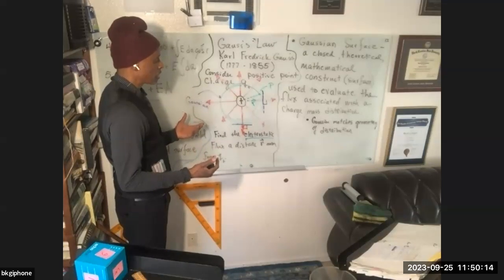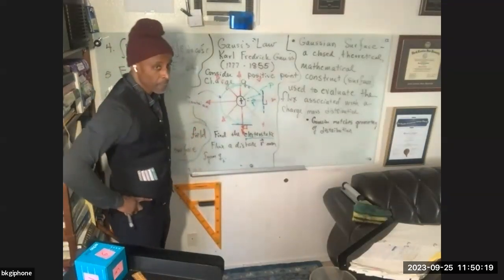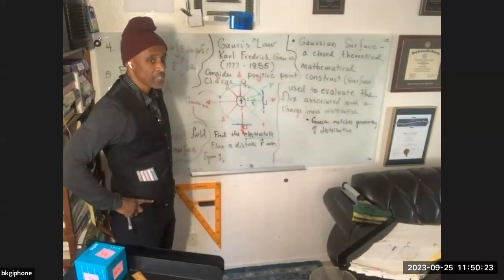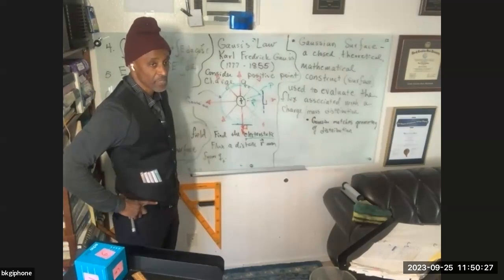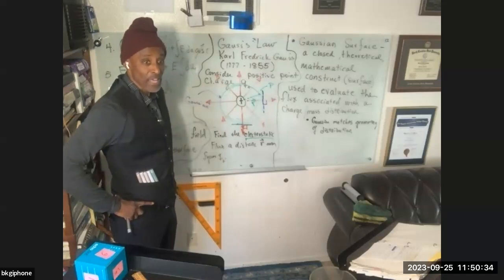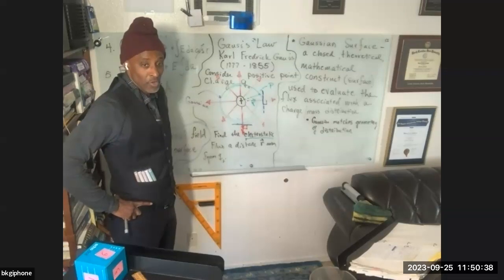You only want to use it when you have high symmetry or create high symmetry. You don't want to be asymmetric because otherwise the E dot dA integral becomes extremely difficult, because you've got a cosine in it, which could change. So that integral potentially becomes harder than Coulomb's law.